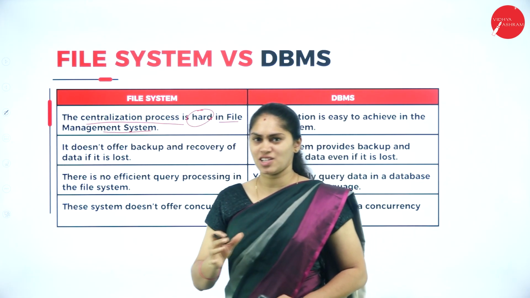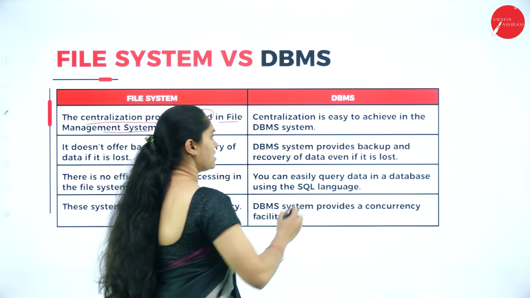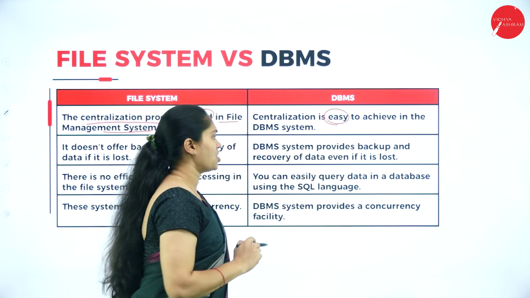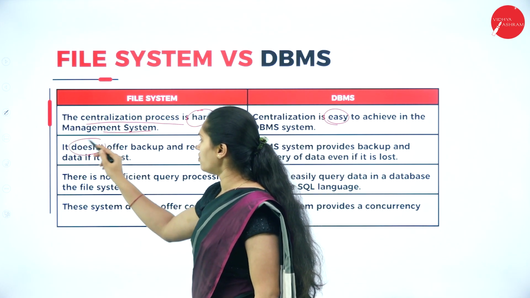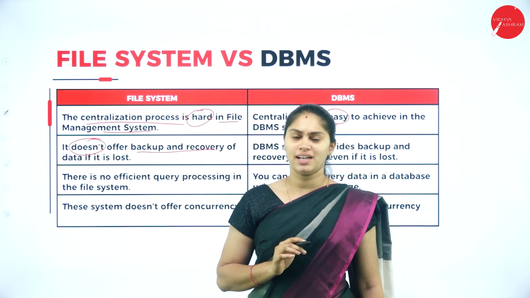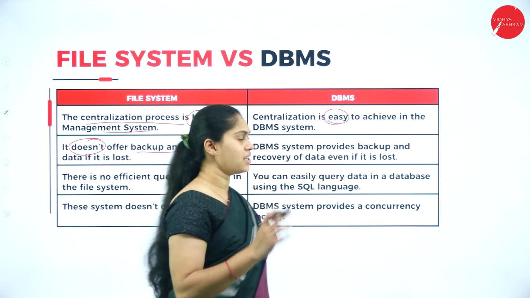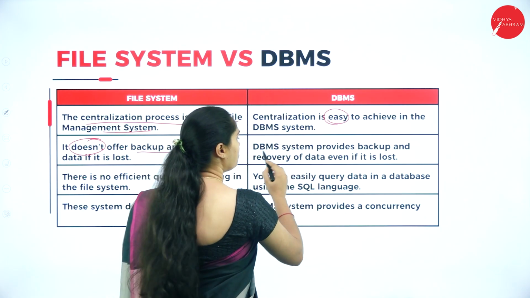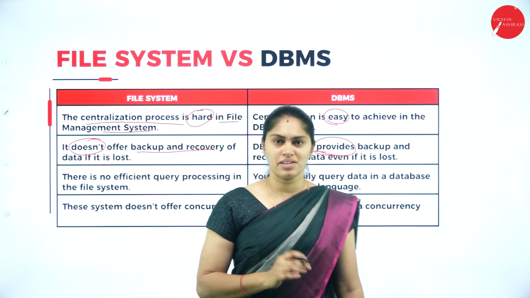So decentralization is more in the file system, but in the DBMS, centralization is very easy to achieve. Then the file system does not offer backup and recovery of data. If it is lost, we can't get it back, but we can get it back in the DBMS, which provides backup and recovery tools.